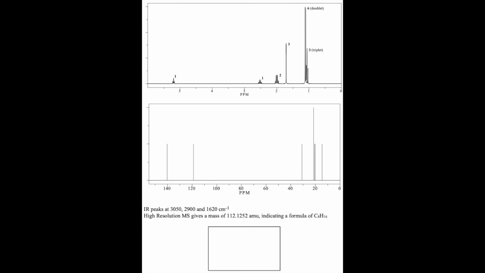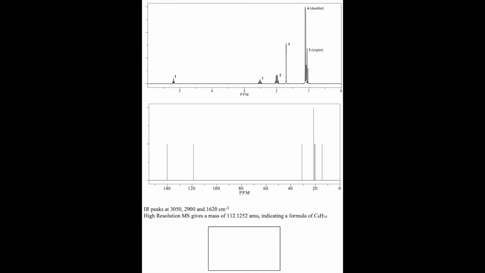They're called vinyl hydrogens, a hydrogen directly attached to the C of a double bond, an alkene. And then from about 6.5 to 8.5, that's where you see hydrogens of a benzene ring. They're called aryl or phenyl hydrogens. And then above about 9, give or take, that's where you start to see aldehyde hydrogens, an H directly bonded to a carbonyl carbon.